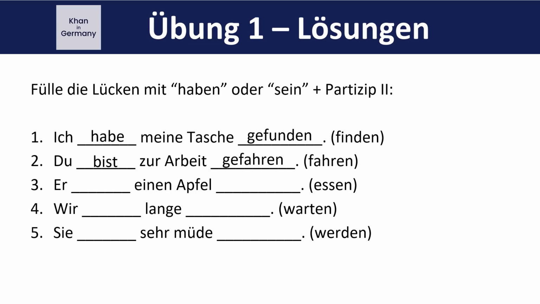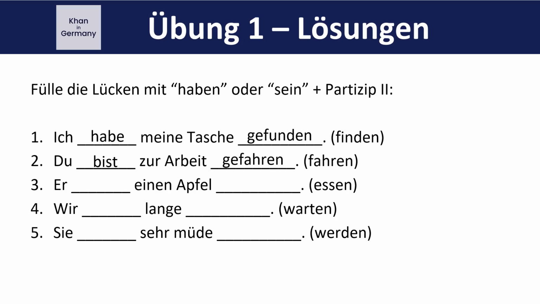Now I see einen Apfel, and then I see essen. There is no movement involved. He's just probably sitting there, and there is an apple in front of him on a table.